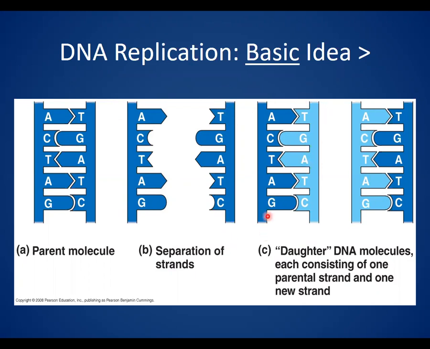So the left hand template is the old one, and the new one is on this side. On the other one, the right hand template is the old one, and the new one is on this side. And yet, if you look at the DNA sequence, the nucleotides are exactly the same. These are two identical copies of the parent molecule. But one strand of nucleotides is old, comes from the parent. One strand is new. It's made immediately before mitosis.